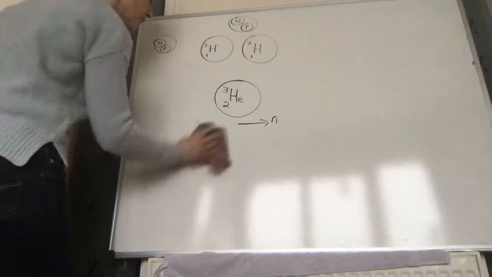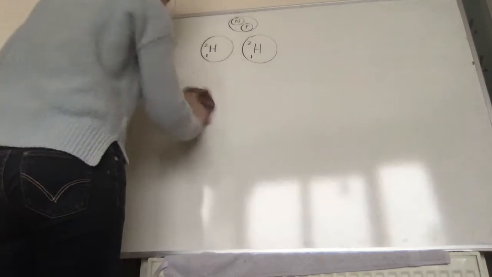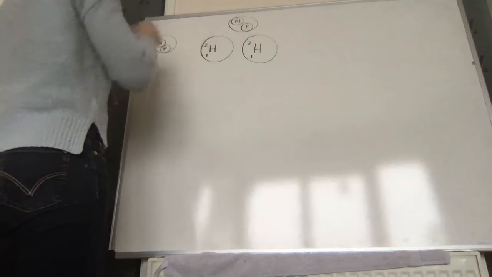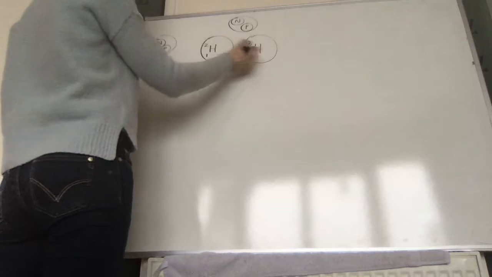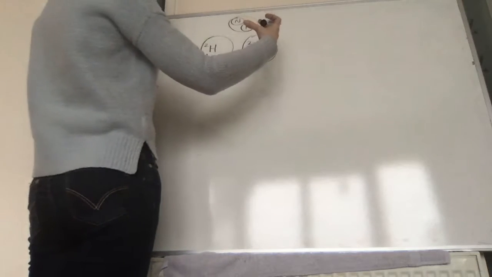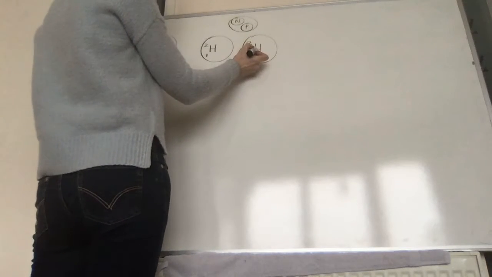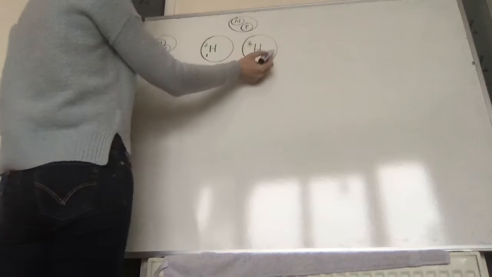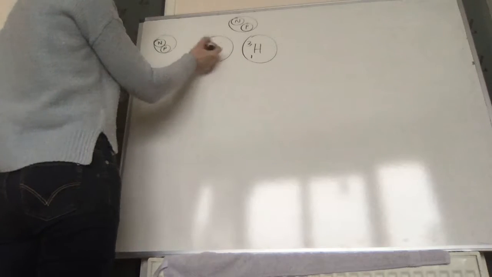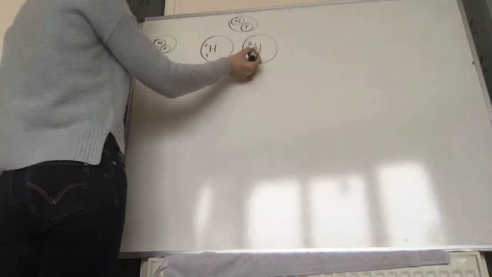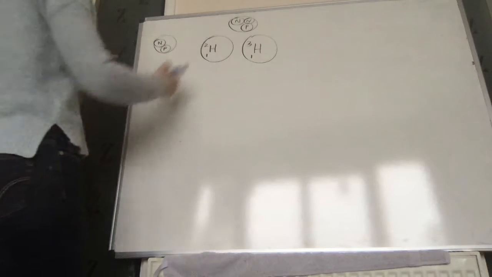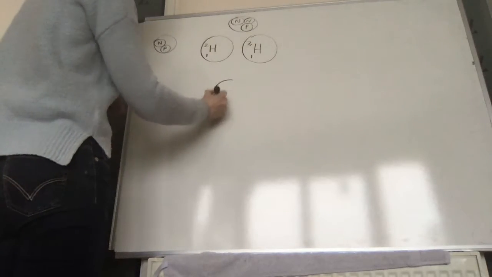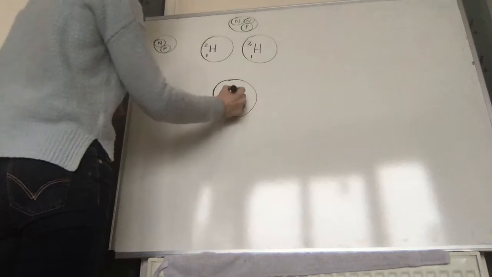Okay, another example of fusion is if instead of forcing deuterium together with deuterium, you force tritium, tritium again is an isotope of hydrogen. Both of them are isotopes of hydrogen, but tritium has two neutrons. And again, when you force the two together, you need to provide a lot of energy to do that.